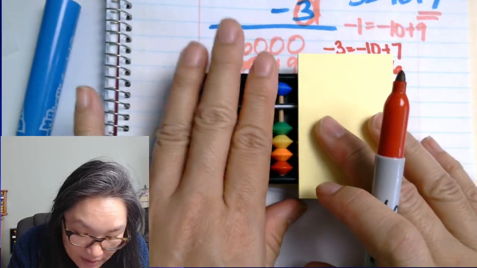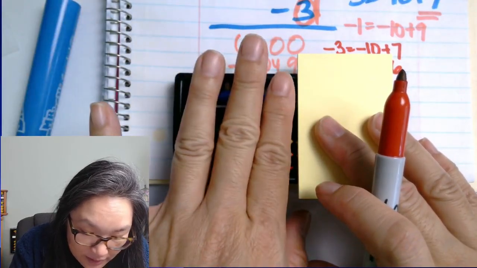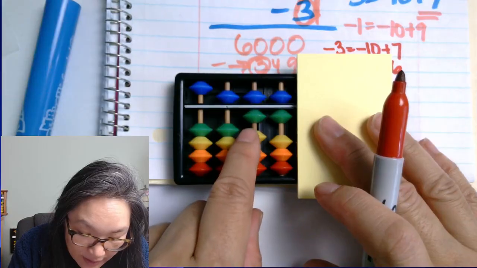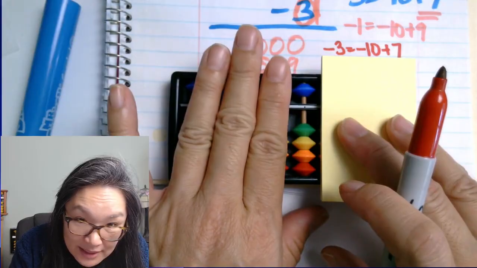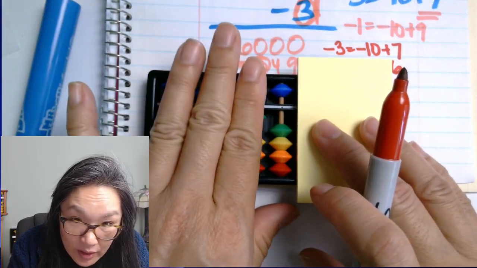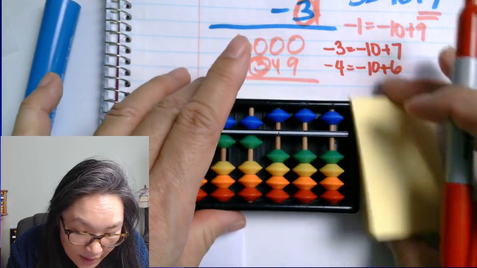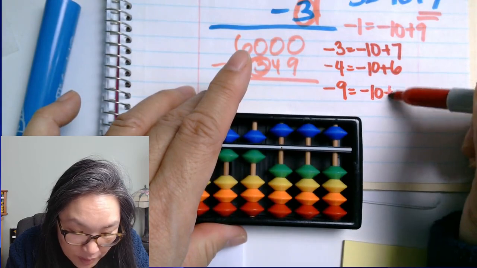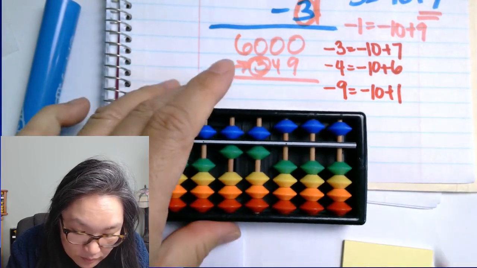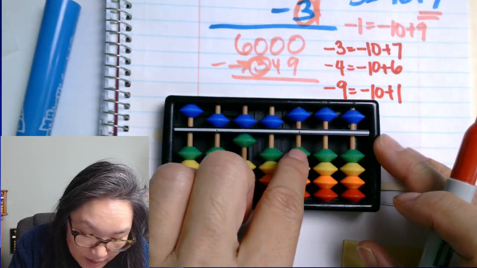I'm going to add the 6 so I don't forget, and then take away the 10. And then I have to minus the 9. Minus the 9, we know how to take away the 9. Minus the 9 is equal to minus the 10 plus the 1. So I minus the 10 and plus the 1.